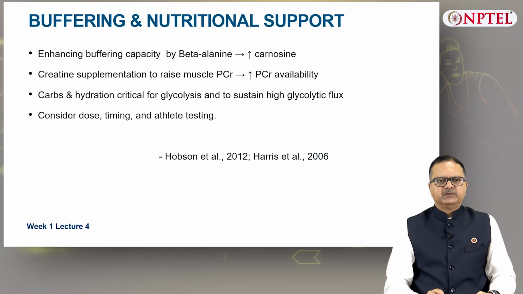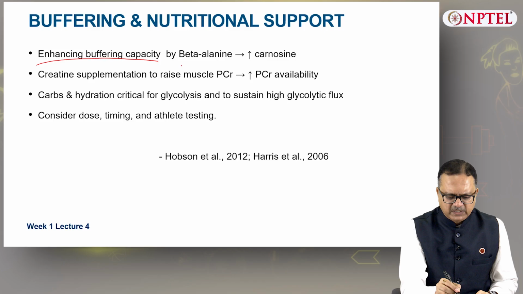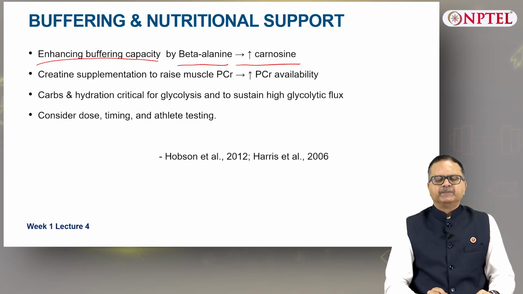Because you're going to improve the buffering capacity, you need to give good quality nutritional support. If you want to enhance the buffering capacity, you have to increase something called beta-alanine and carnosine. Now, beta-alanine is available only from animal sources of protein, such as fish, meat, eggs, milk, etc. So for vegetarian athletes, there is a problem.